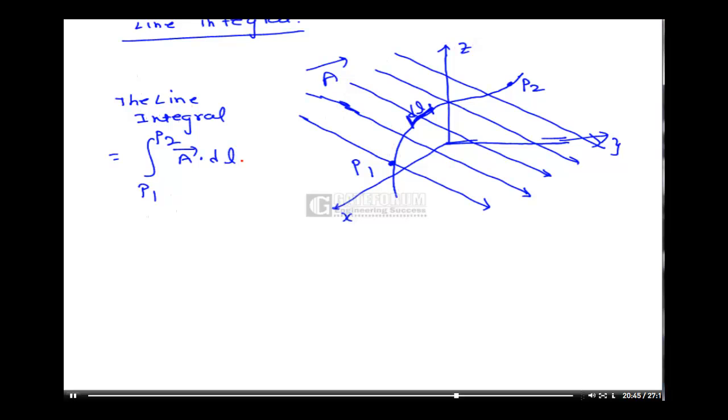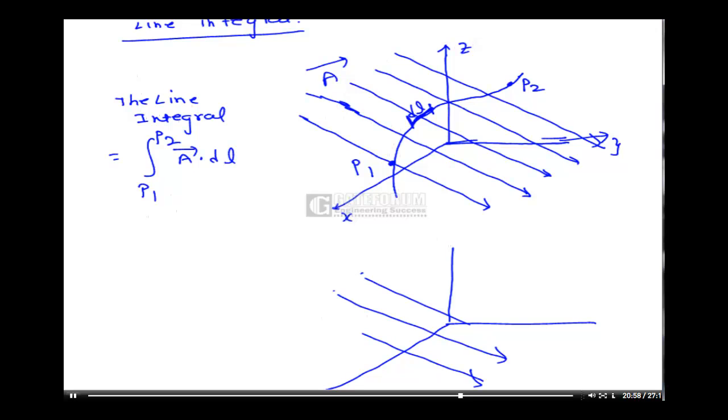Then the line integral is defined as integration over a closed line. This circle on the integral sign represents a closed line: A bar dot dl. The first one is called open contour integration.